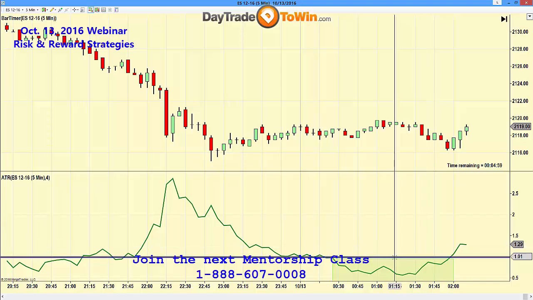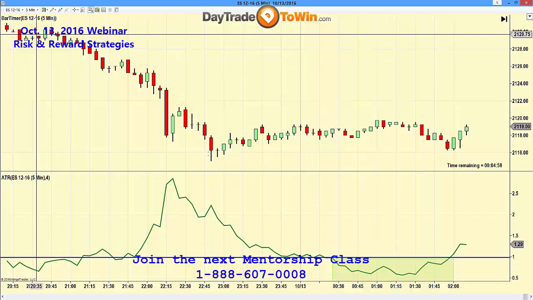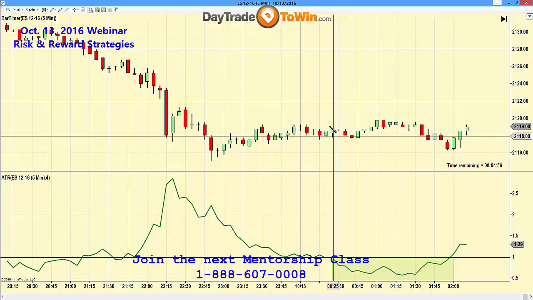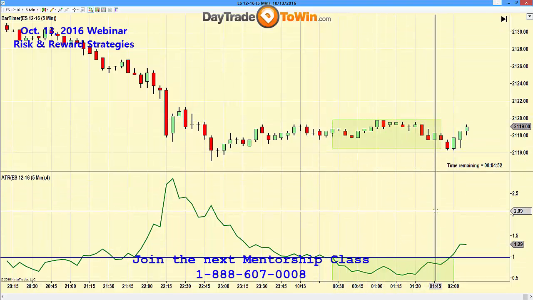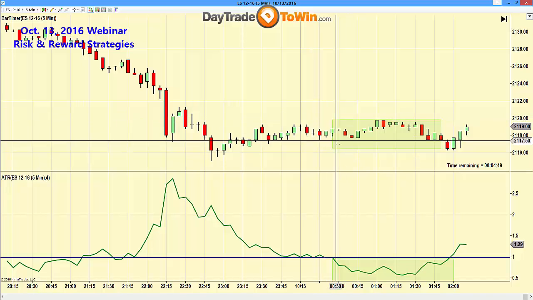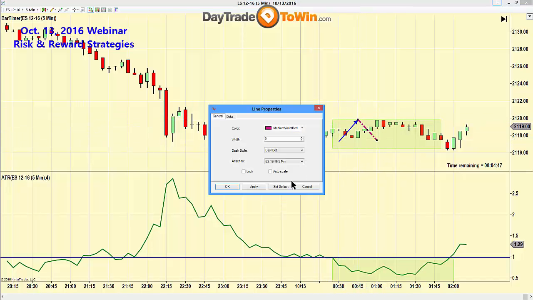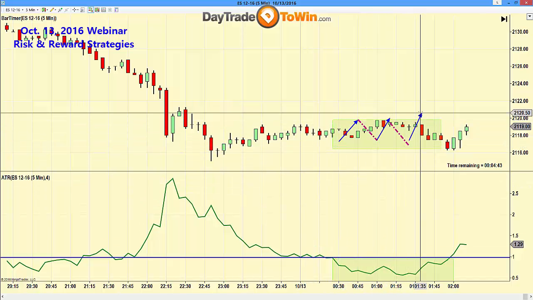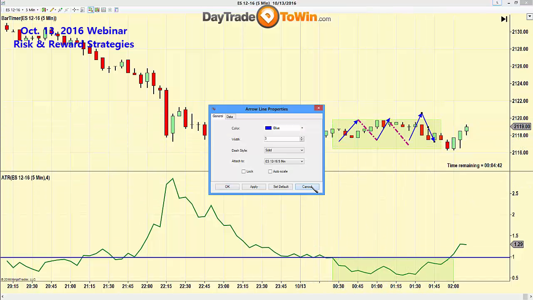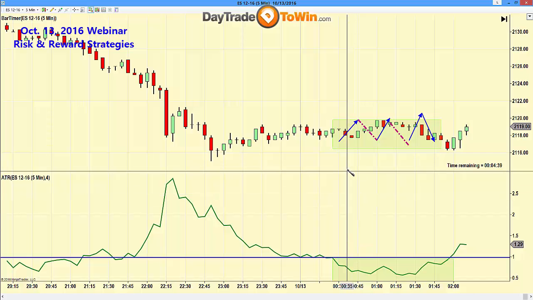So 1 point or 4 ticks on the E-mini using a 5-minute chart is the equivalent of seeing all of this chop. Now if you bought or if you sold, all you have is the market going up and down, here up and down. Very difficult to make heads or tails of a situation like this.